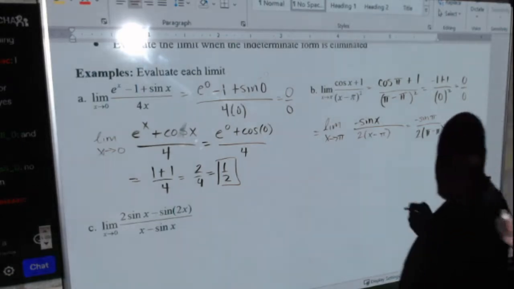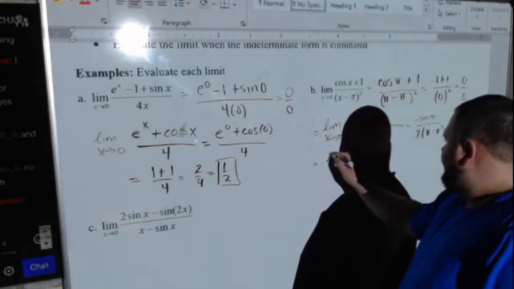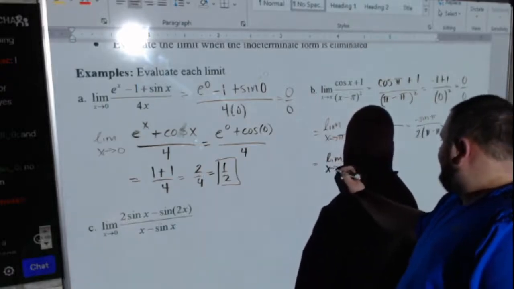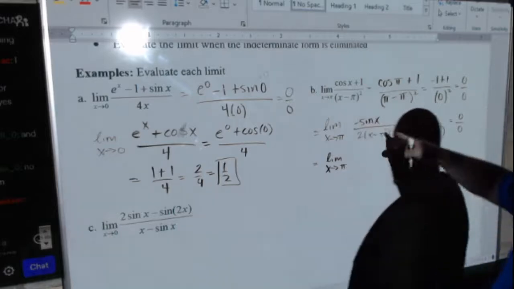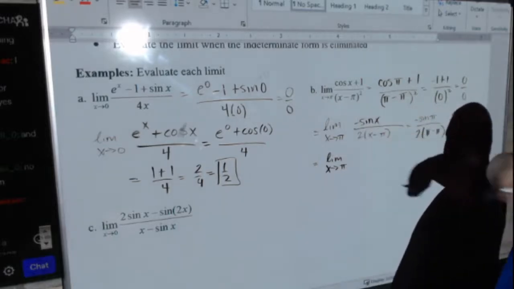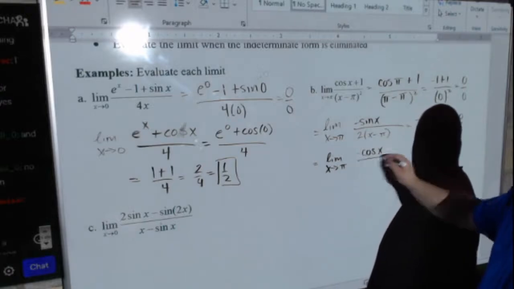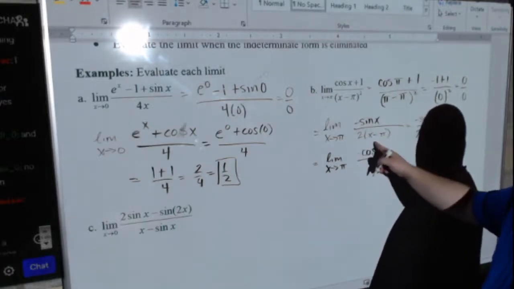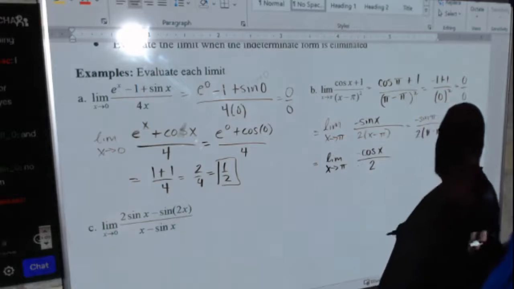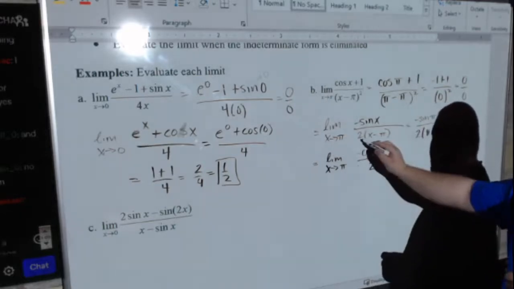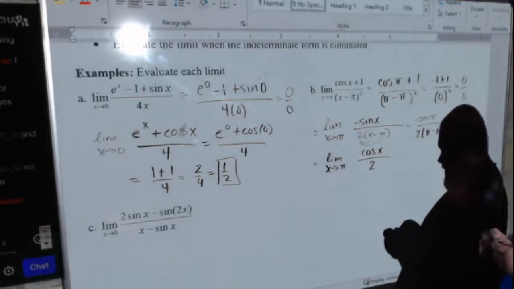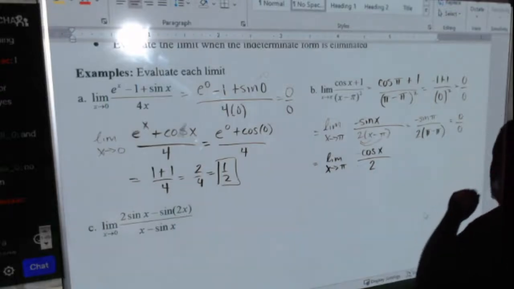So let's do it again. Derivative of minus sine is going to be minus the cosine. And then the derivative down here is going to be 2. Or if you really want, this is 2x minus 2 pi, so the derivative just gives you 2.